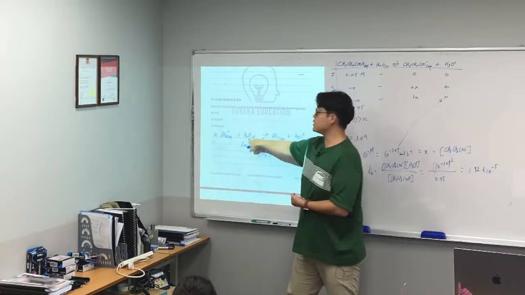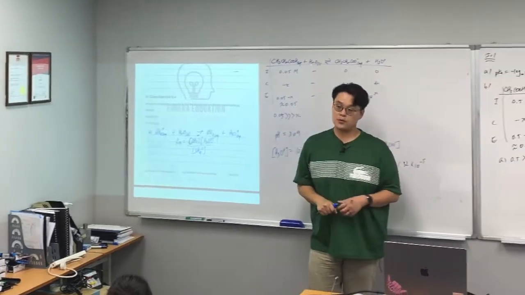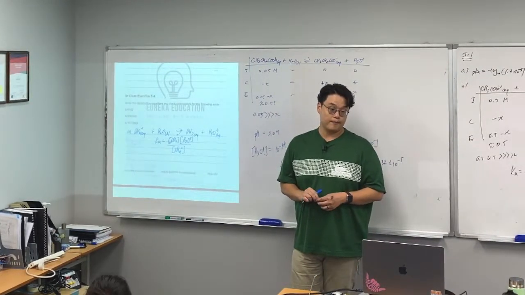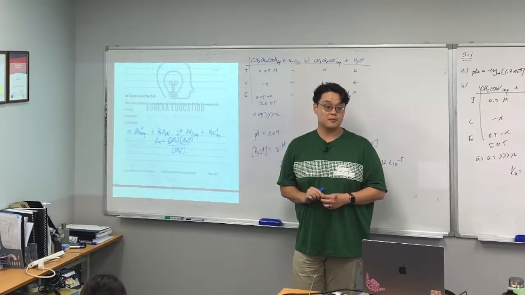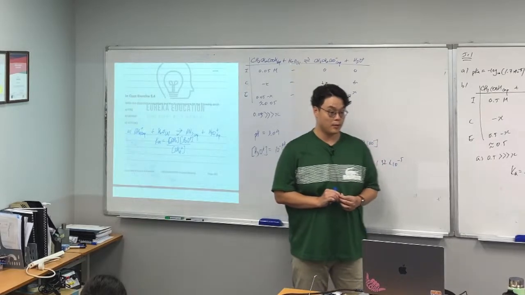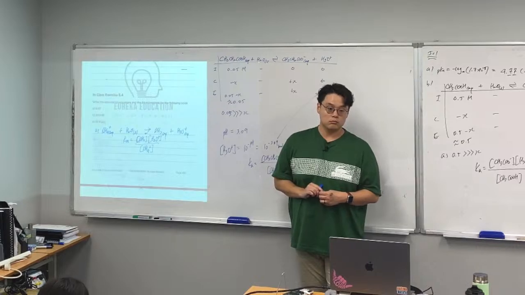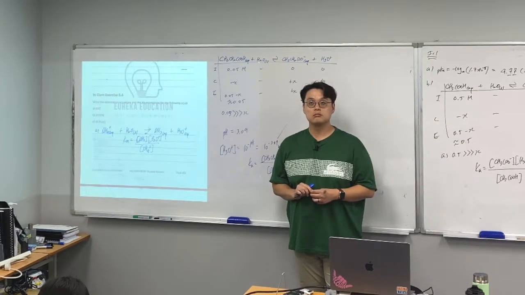And we do not count the water because it's a pure substance. We always assume it's aqueous, in solution, when we're told to write this. This question doesn't specify solution or aqueous, but I just wrote hydrogen ion.